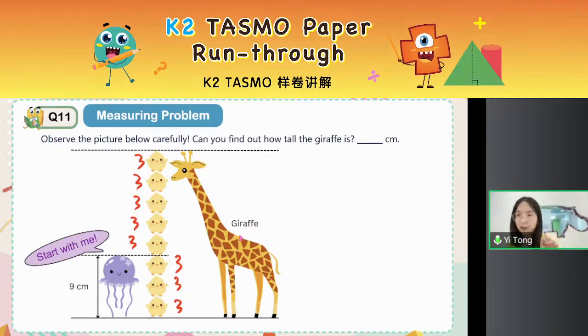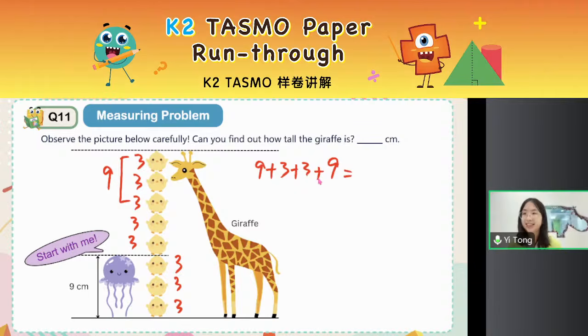Here's the tricky part. I know some children like to choose this as the final height for the giraffe. Is it or is it not? No, right? Don't forget the legs too. So using the three threes, we can put up 9 plus 3 plus 3 plus 9.